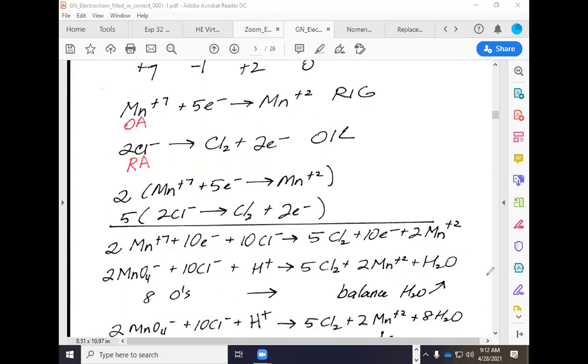So if we put an 8 in front of the water, then we would have 8 oxygens on this side, and we'd have 8 oxygens on this side.